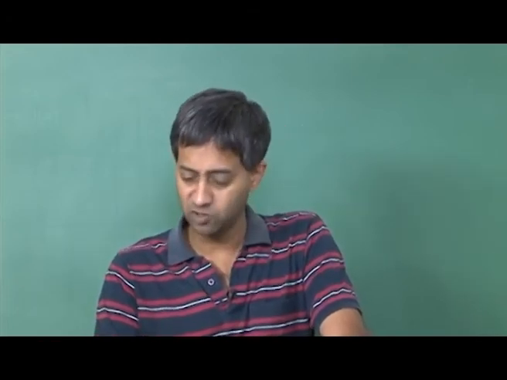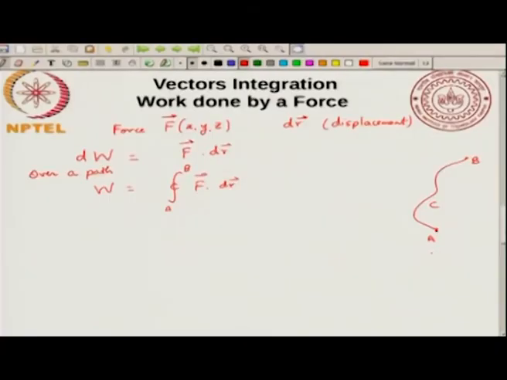Now if you look at this picture right here, you have A, you have B, and you have this path. This immediately raises a question: suppose I go from A to B this way. Now if I go from A to B by a different path, some path C1, is the work the same or different?